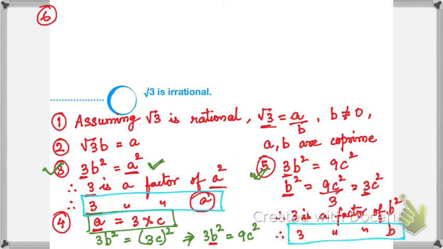So this contradicts our assumption. So how we will write? We will write that from step number 3 and 5, we have seen that 3 is a common factor of both a and b.